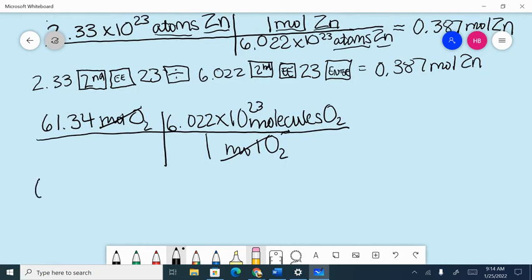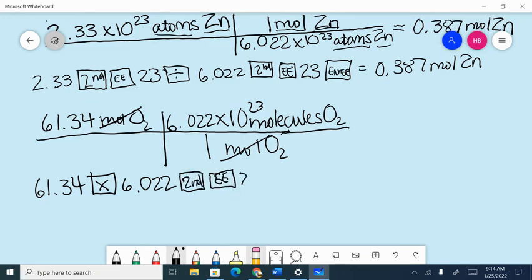And in your calculator, you're going to use the exponent function. So 61.34. Then you hit the times key, because we're actually doing a multiplication problem. Then 6.022, second, EE, 23. Then you're going to push enter or equals, whichever your calculator does.